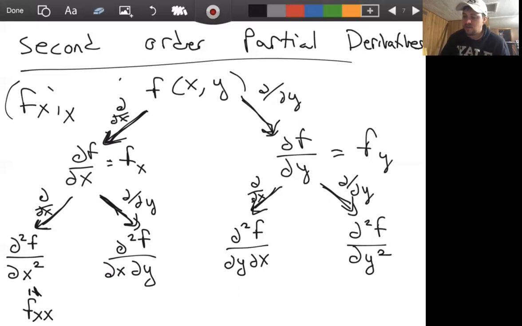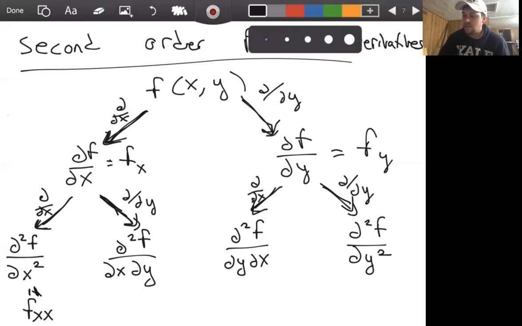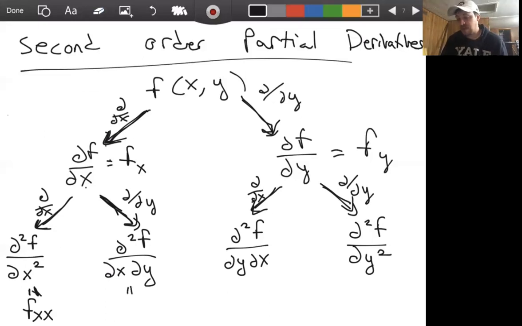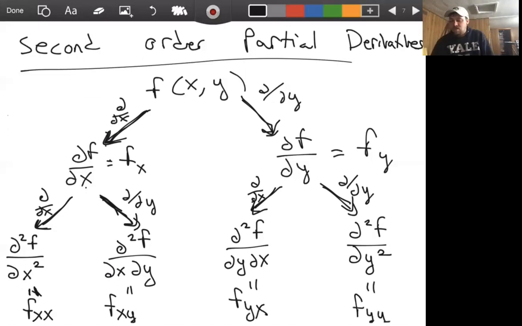Okay, and then that means this partial derivative first with respect to x, and then the second order with respect to y would be f sub xy. If you went first y, then x, it would be f sub yx, and then you would have f sub yy.